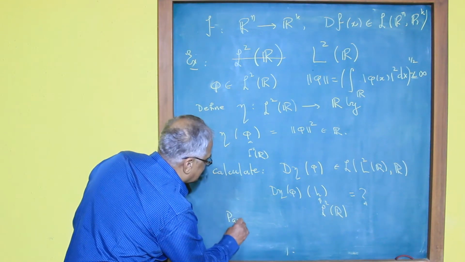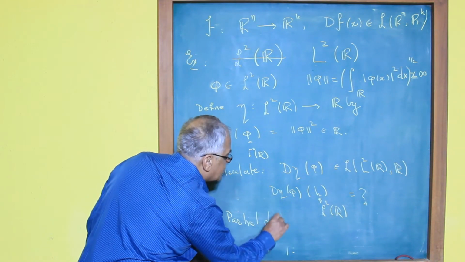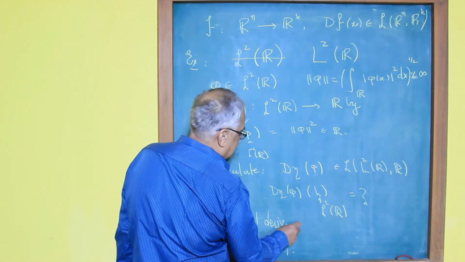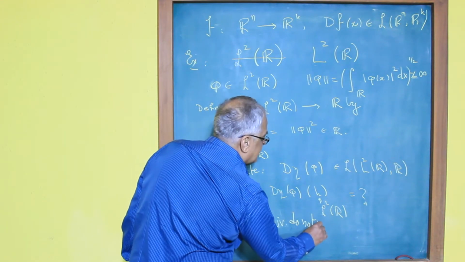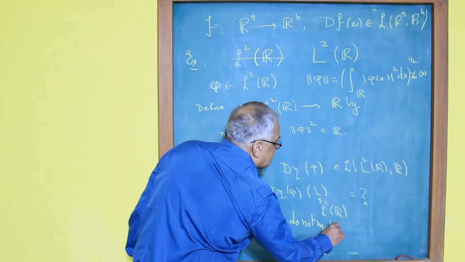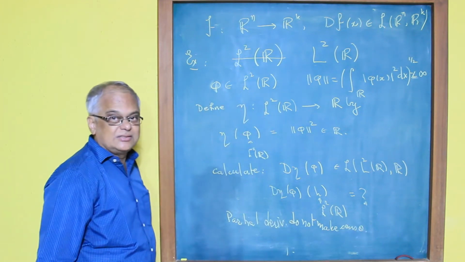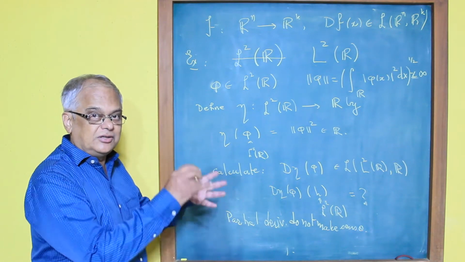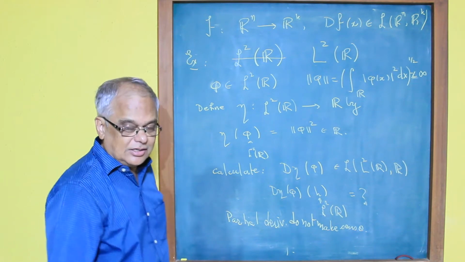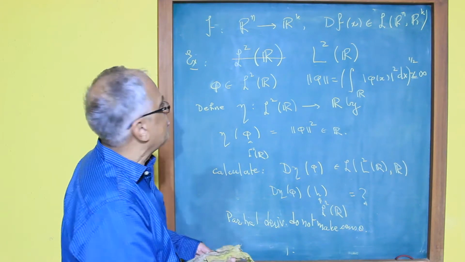Partial derivatives do not make sense. So in some sense, this is showing you that the definition that we are giving in terms of partial derivatives in finite dimensions does not really work when you're talking about infinite dimensions.